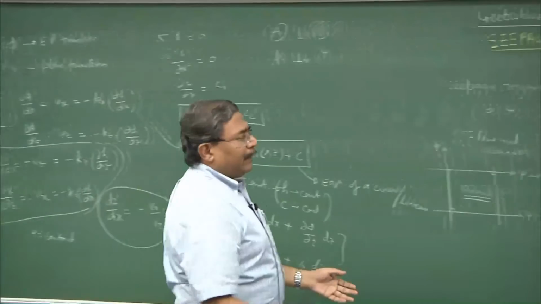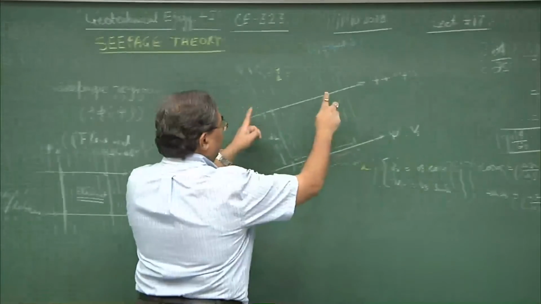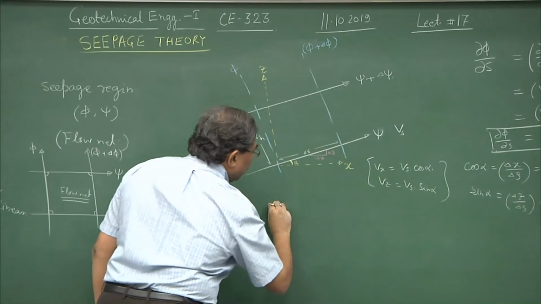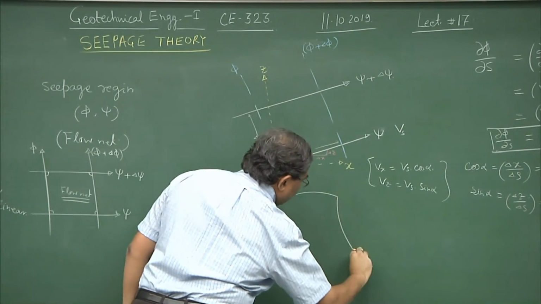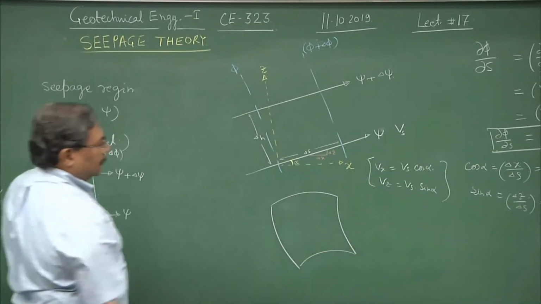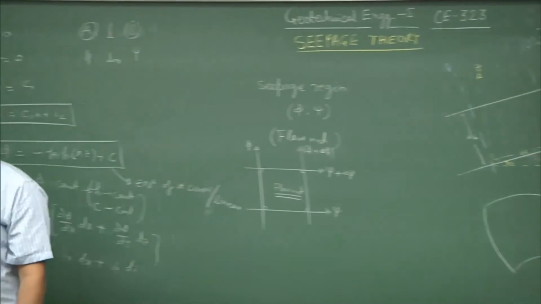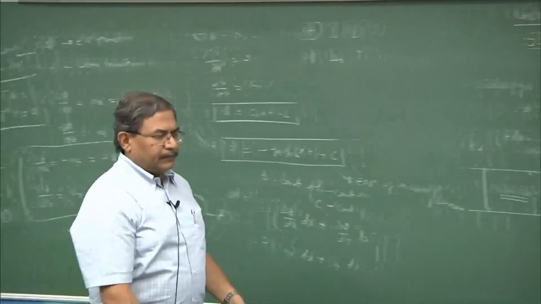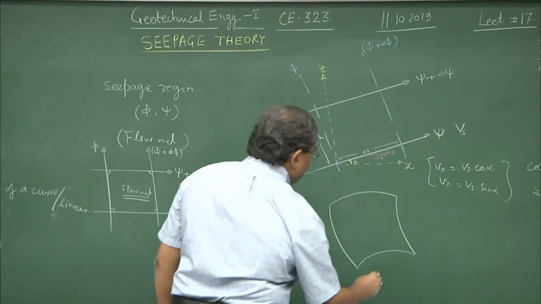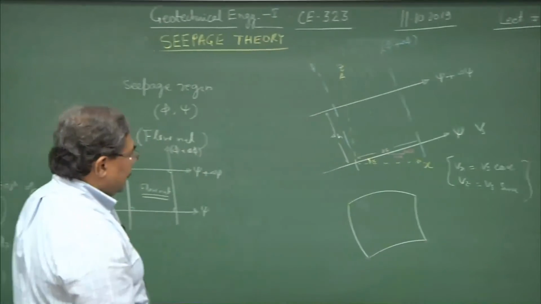So, the flow net by definition is a square entity made up of either a linear system or this could be non-linear system also. Provided the delta s, okay.